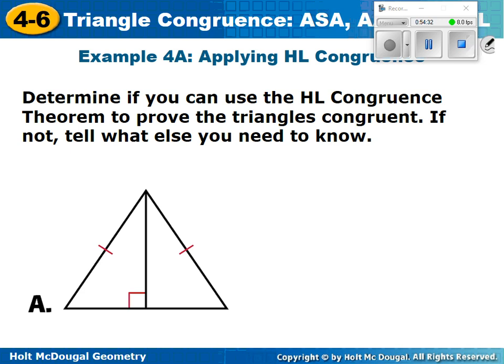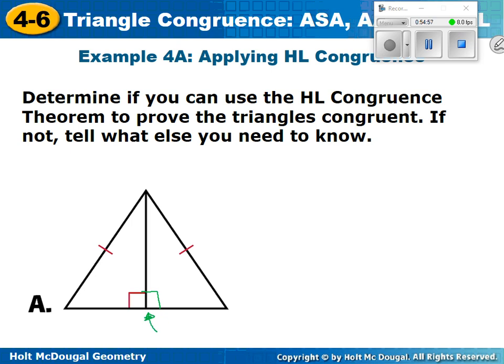So when you look here, determine if you can use HL congruence theorem to prove the triangles are congruent. If not, tell what else you need to know. So first of all, do I have two right triangles? Not yet. Do I have two right triangles though? Yes. So you need to mark that this is a right triangle, and you need to tell me why you know that's a right triangle.